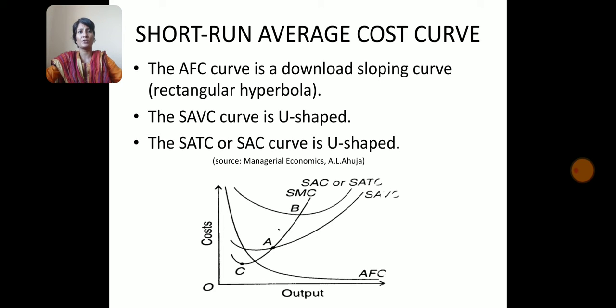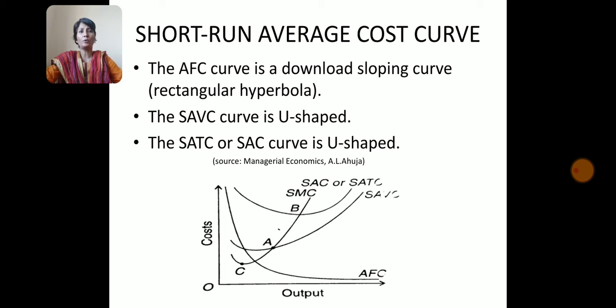Average total cost reflect the influence of both the average fixed cost and average variable costs. At first, average total costs are high at low levels of output because both AFC and AVC are large.